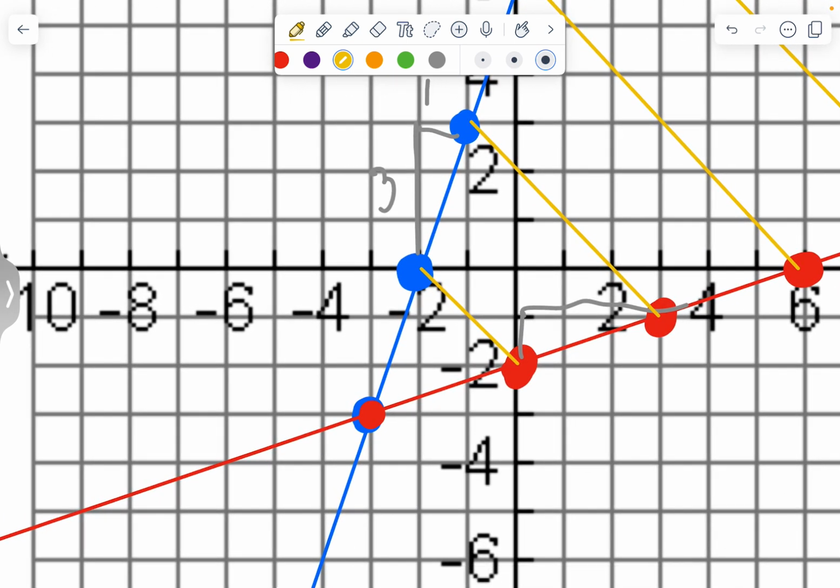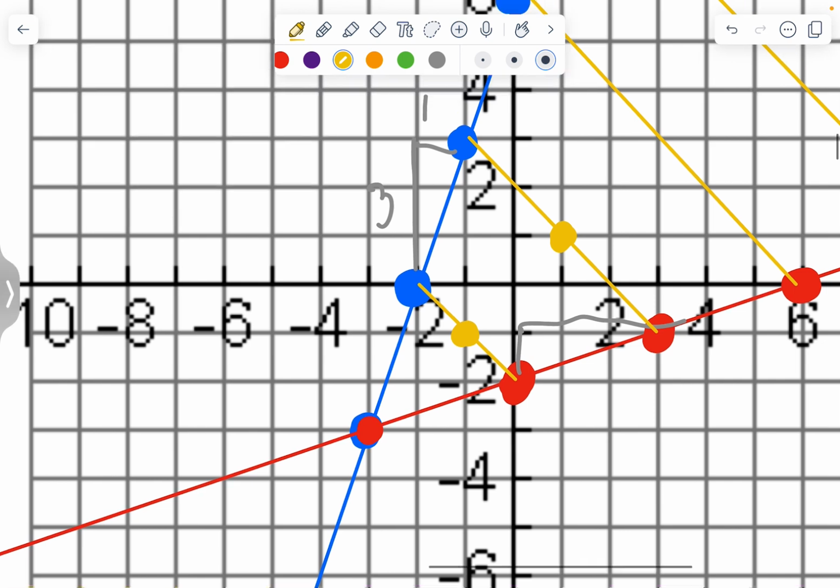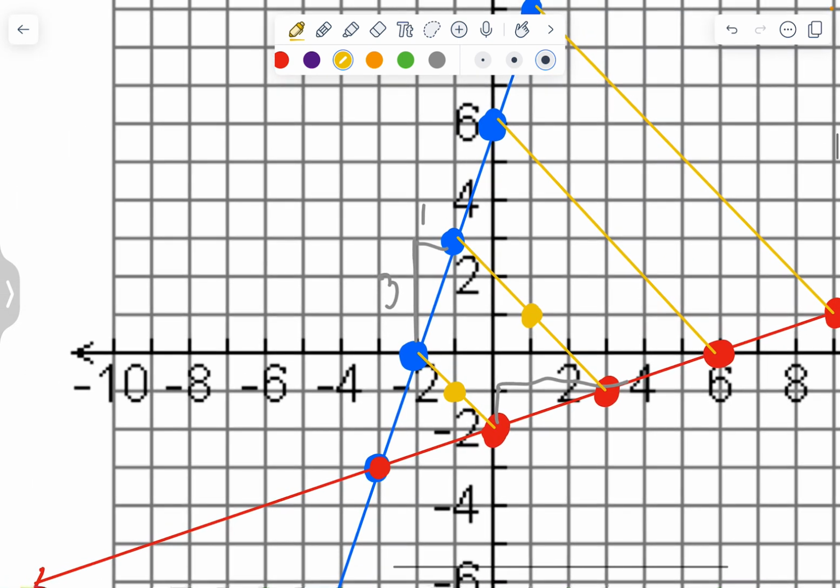So the midpoint of that yellow segment is right here. The next yellow segment goes across 4 squares, so I would do half of the 4 squares. Midpoint is right here. The midpoint of this next one is right there. The midpoint of the last one is right there.